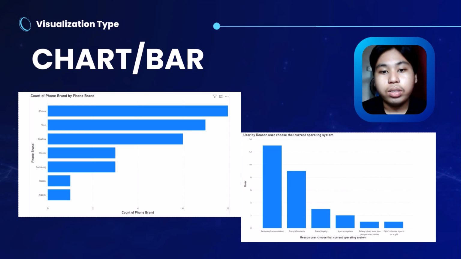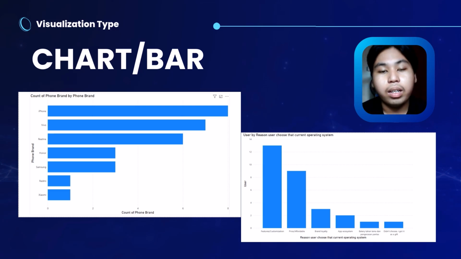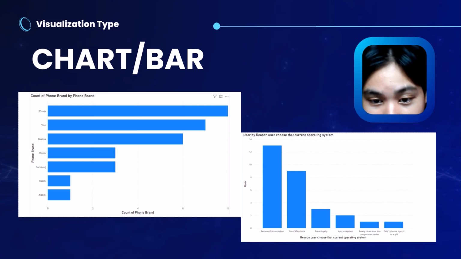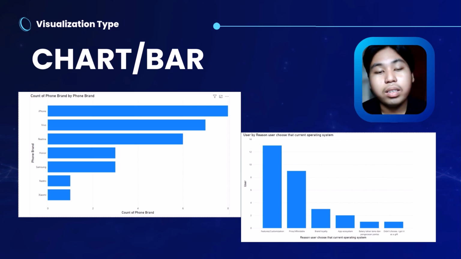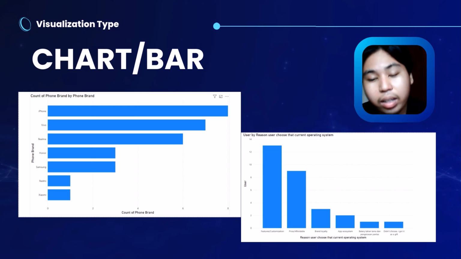For the chart, we have the reasons the operating system makes people love using the phone. Firstly, features and customizing the phone itself, followed by pricing, app ecosystem, and others.